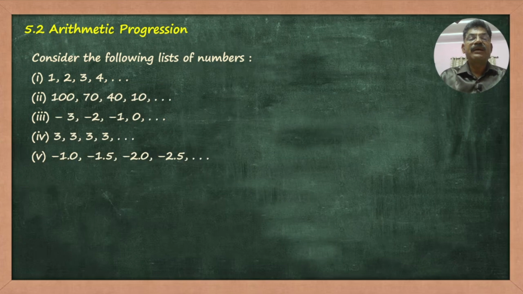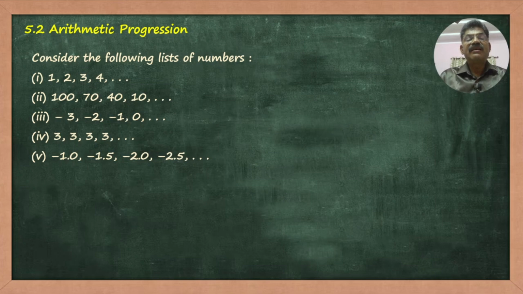It is an arithmetic progression. 100, 70, 40, 10 and so on. This is also an arithmetic progression. -3, -2, -1, 0 and so on. 3, 3, 3, 3 and so on. -1.0, -1.5, -2.0, -2.5 and so on. All these are arithmetic progressions.